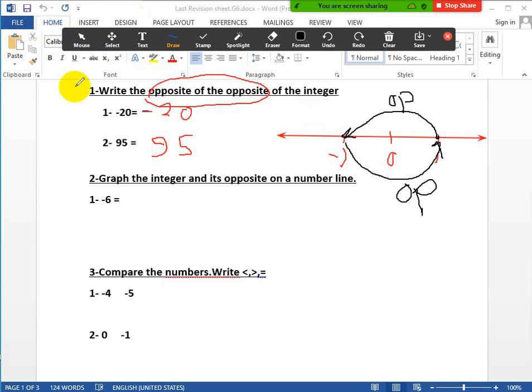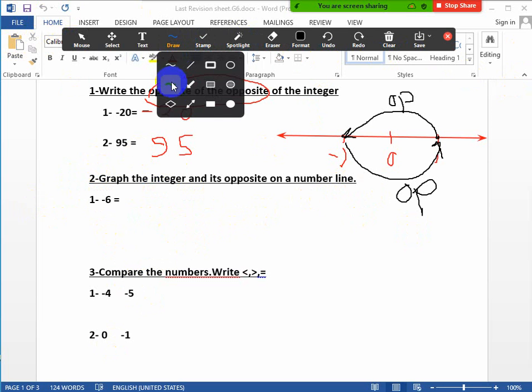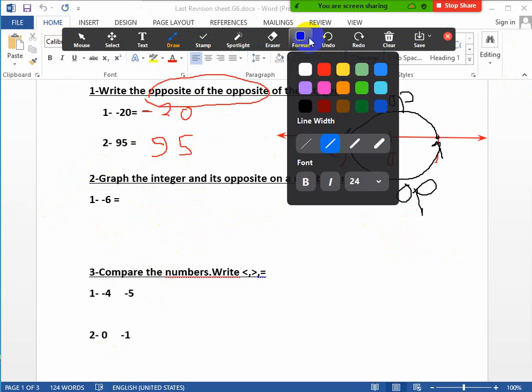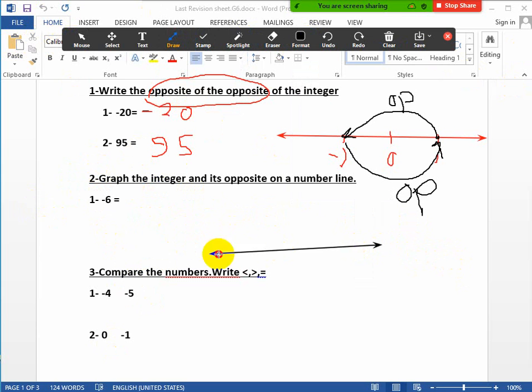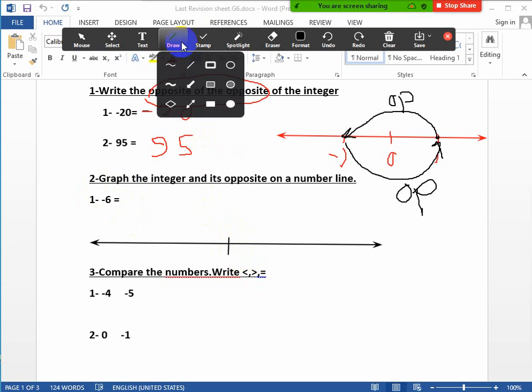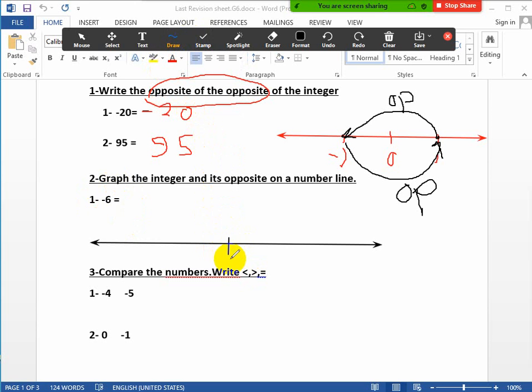Now, graph the integer and its opposite on the number line. This number is negative 6. So I have to put the number line first, then I will locate the number. This is the number line and this is the 0 point, right here in the middle. Now let me ask Jana Muhammad. Negative 6, will it be on the right side or on the left side of 0?